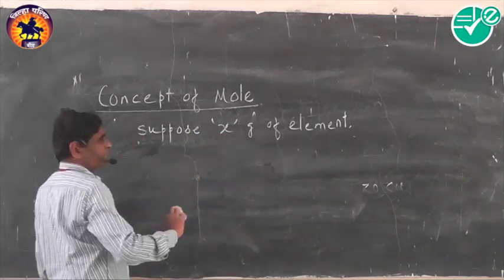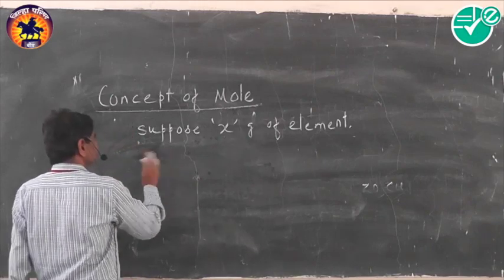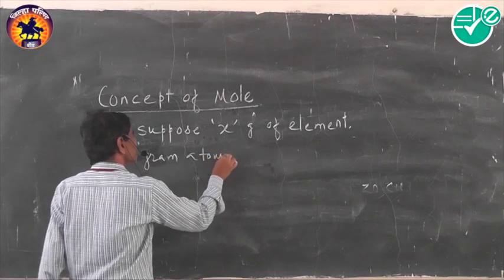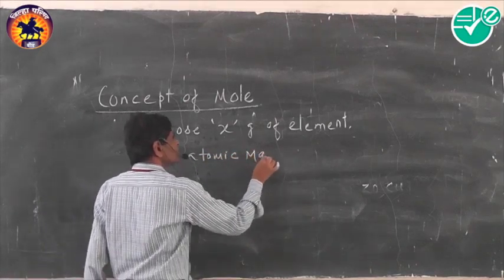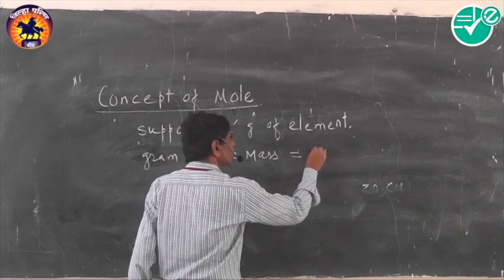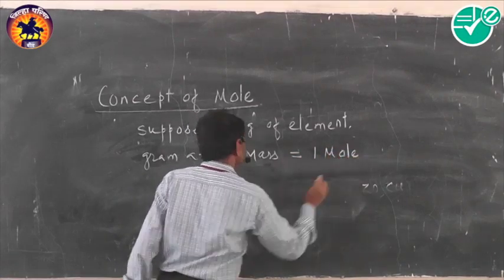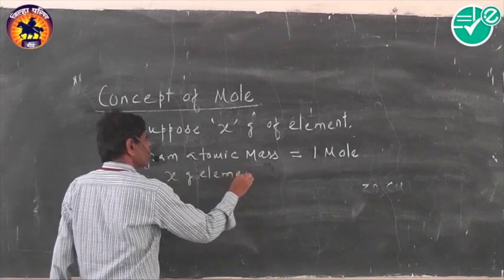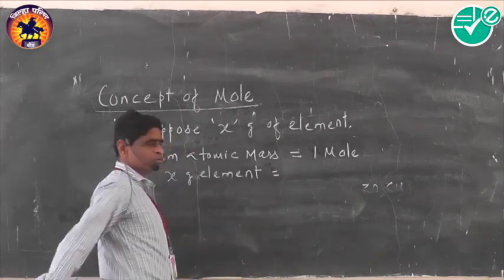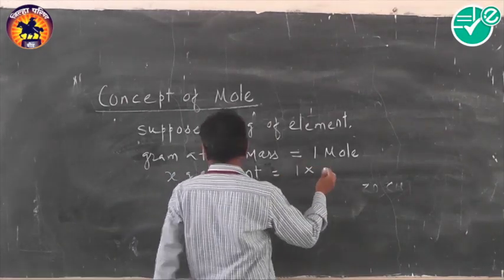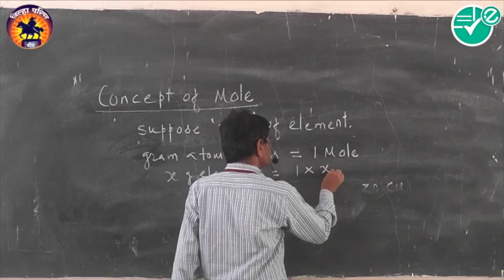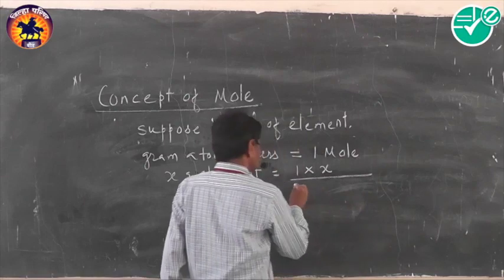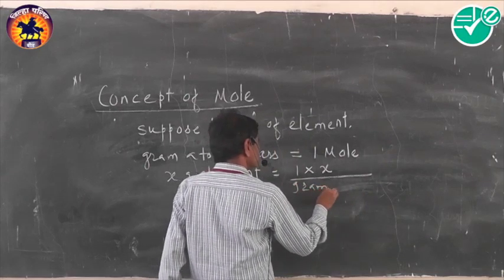Now gram atomic mass is equal to 1 mole. Then x gram of element corresponds to how many moles, which must be equal to 1 multiplied by x divided by gram atomic mass.